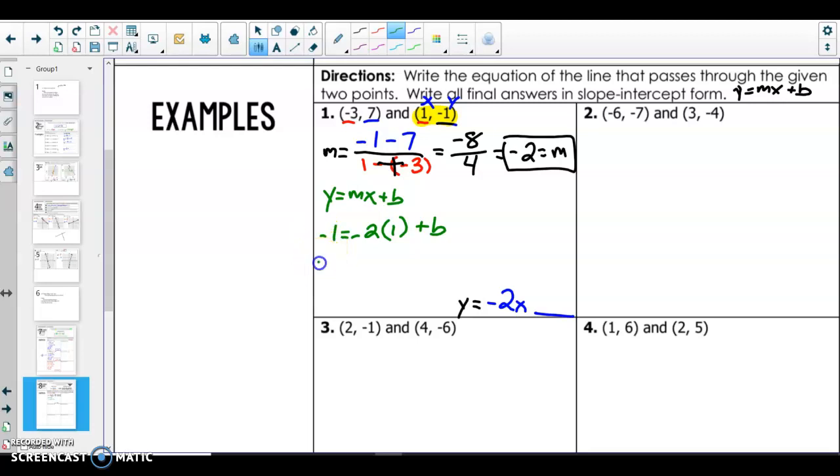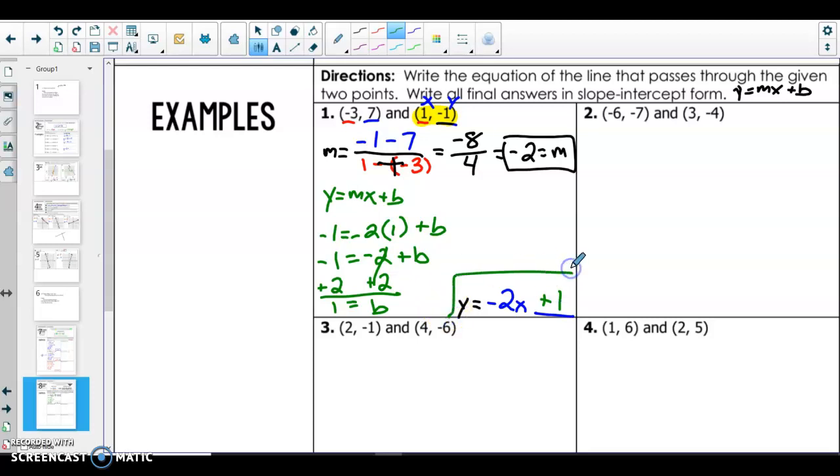Simplifying time, -1 is equal to -2 times 1, also known as -2, plus b. And then last step, we get rid of this -2 by adding 2 to both sides. +2 plus 2, 1 equals b. 1 equals b.